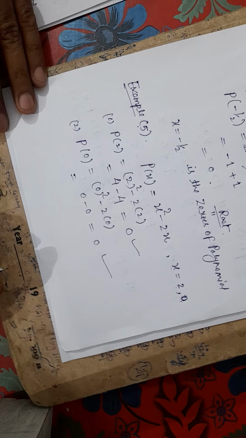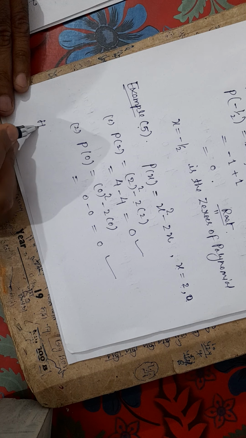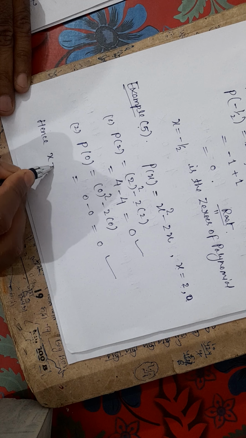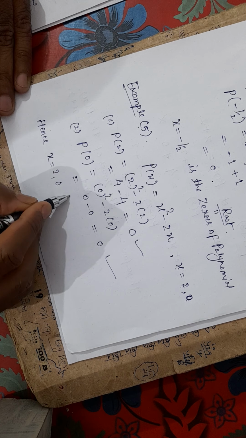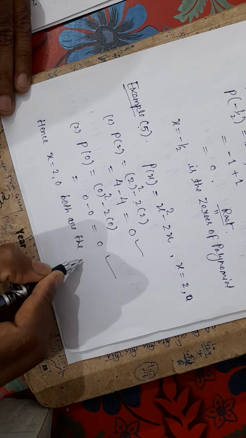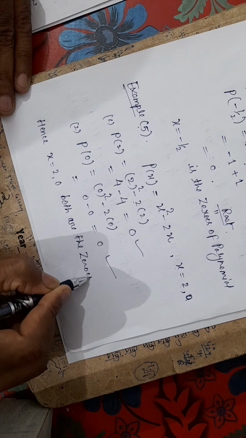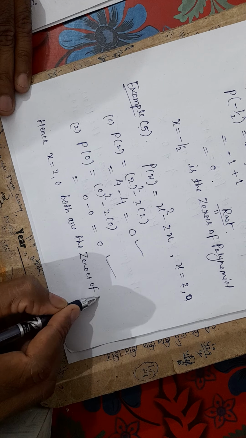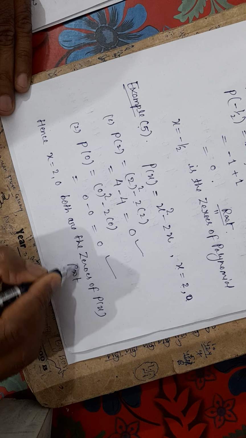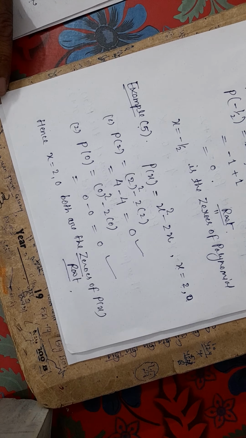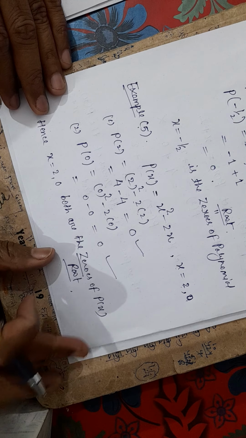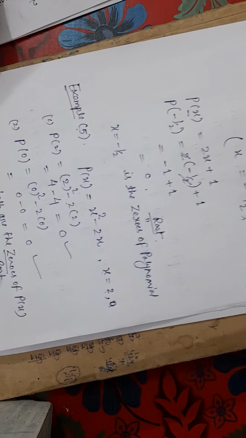So hence we can write x equal to 2 and 0 both are the zeros of the polynomial p(x), or roots of p(x). Understand this? Got it? Okay.